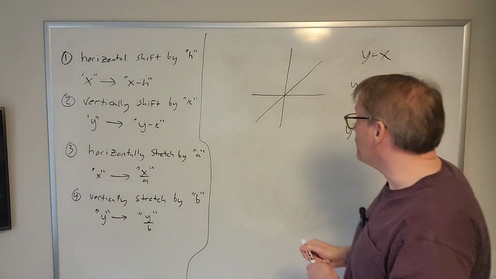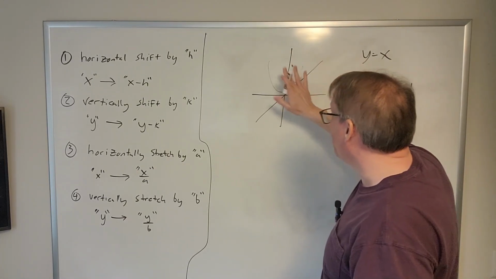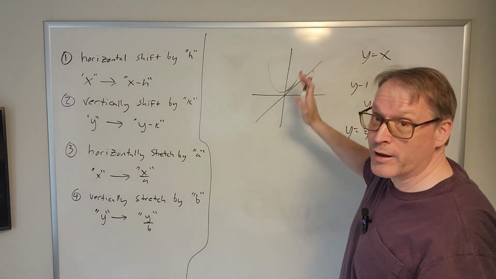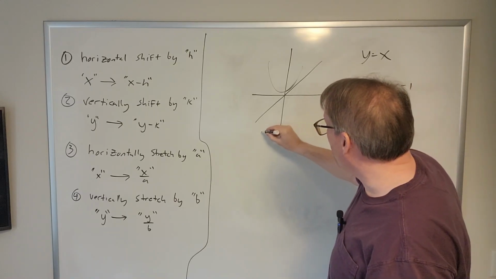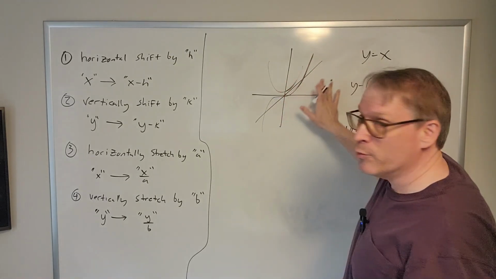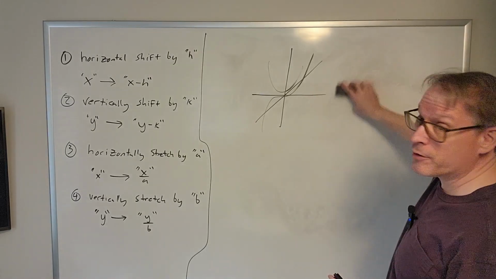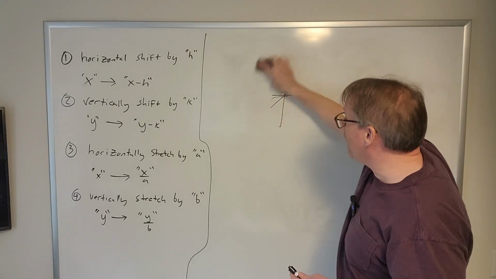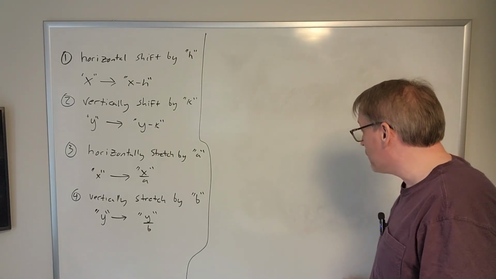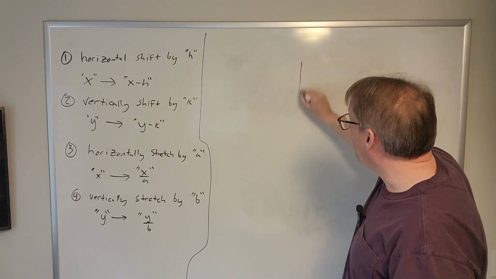With other graphs you're used to, it's not as easy to do that. If you have a parabola and you move it, it's going to be moved. You're not getting back to the same spot. Same with y equals x cubed. You could also do this with some of the trig functions: sine, cosine, tangent.